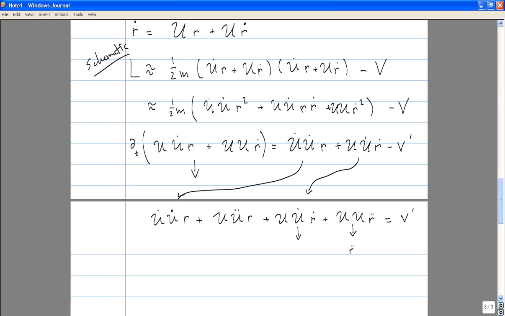So that's an omega cross v term, which was the Coriolis term. This term here involved u double dot, or the derivative of the angular velocity vector. So that was the Euler term. And this final term here involves 2 powers of u dot, so 2 powers of the angular velocity vector times r, and that is the usual centrifugal term.